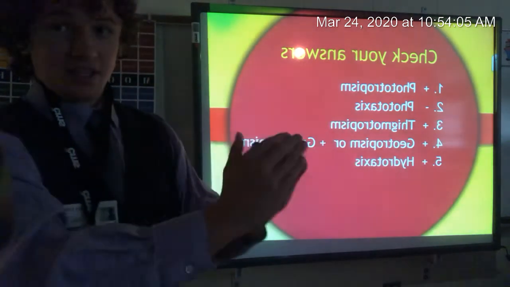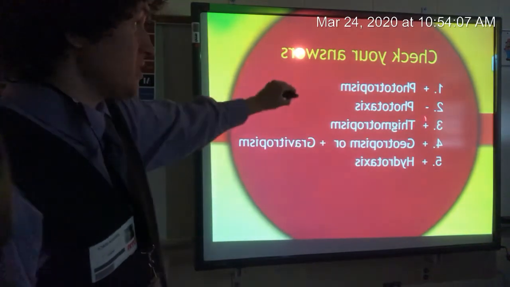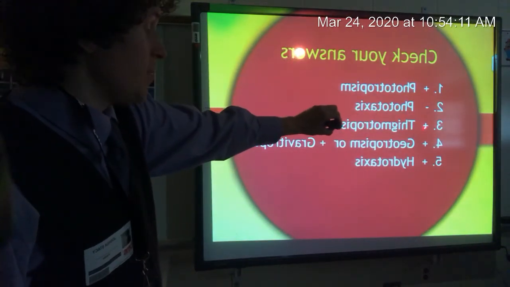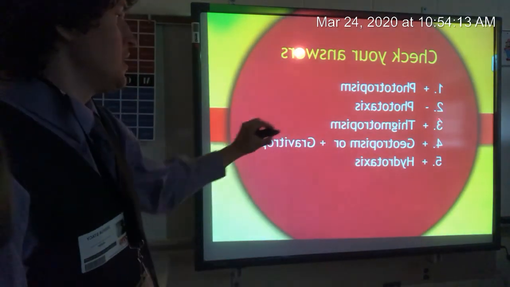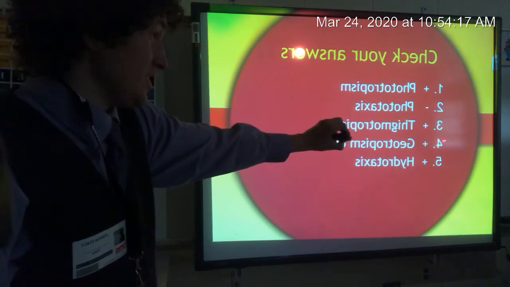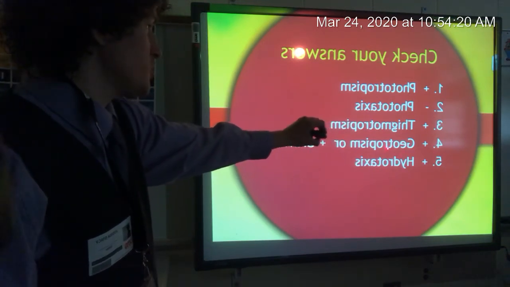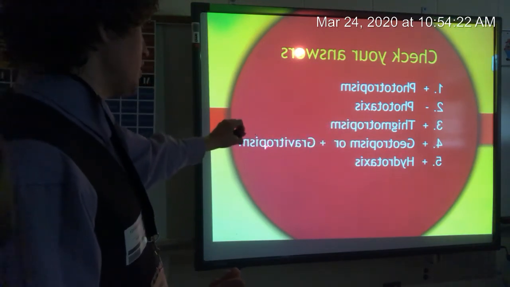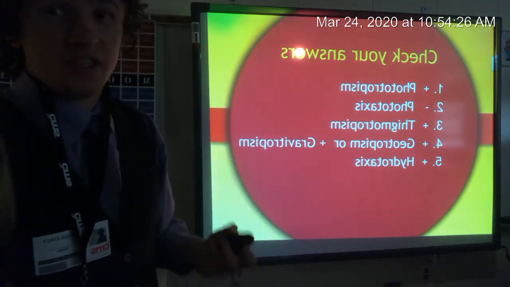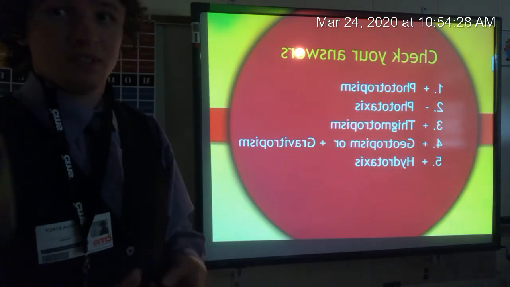Negative, that's negative response, so it's away. And that's your phototaxis. Then you have your positive, that's towards. All these are positive, so they're towards. But number 4, let's talk about that. You have your geotropism and your gravitropism. They're both towards, but they both deal with the question number 4 on your worksheet.